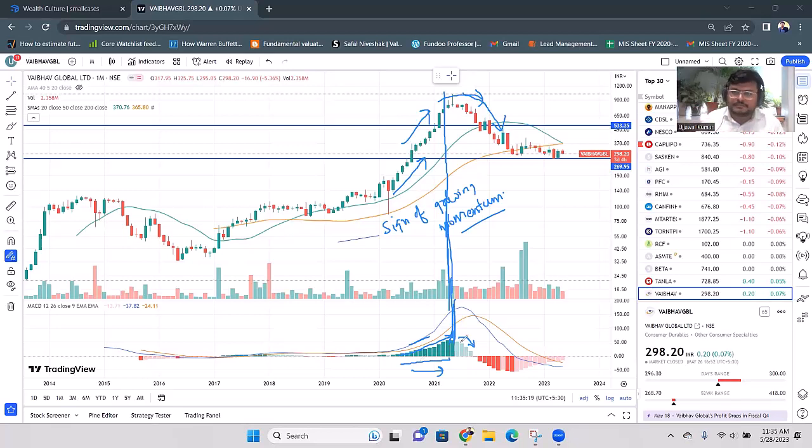So as you can see here, the momentum starts to become weaker from here onwards. The buying momentum starts to get weaker. Now, as you can see here, the selling momentum has started to become weaker, right?